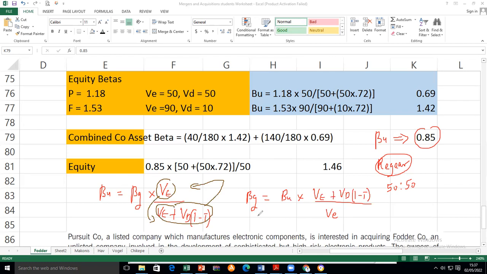As you can see, this is your 0.85. The value of equity, remember, is 50. This is 50, and this is 0.72. And here it is 50. That's called the re-gearing.